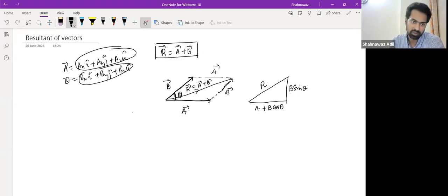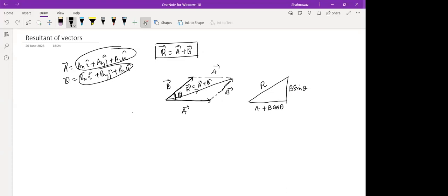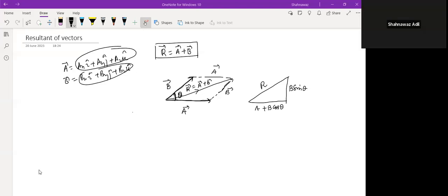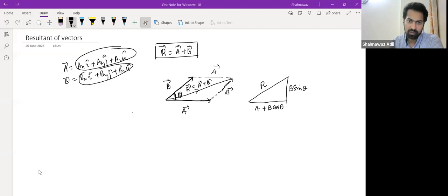Yes, rhombus, but for a rhombus it is not parallel. For a rhombus, all the sides are equal, not parallel.